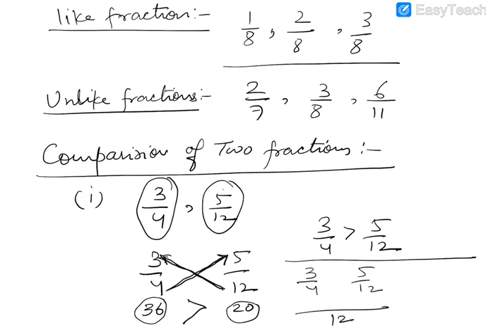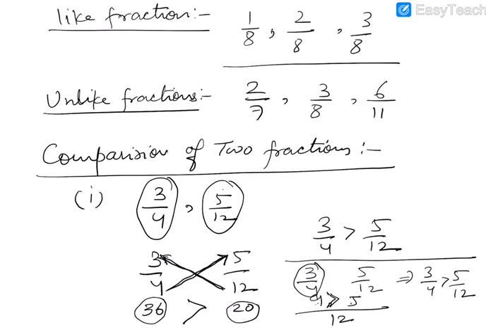So 12 divided by 4 is 3 times, 3 3s are 9. 12 divided by 12 is one time, 1 into 5 is 5. Now 9 and 5, which one is greater? 9 is greater, meaning this part is greater. So again we can see that 3 by 4 is greater than 5 by 12.